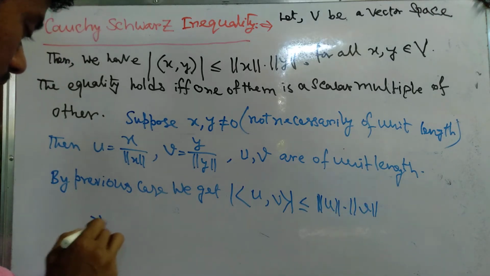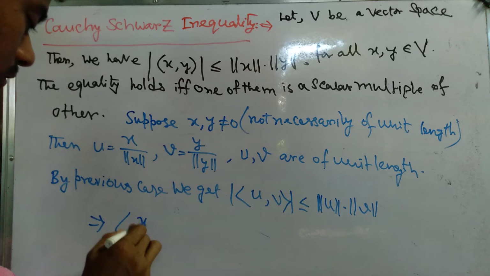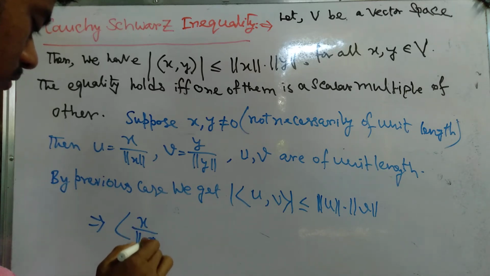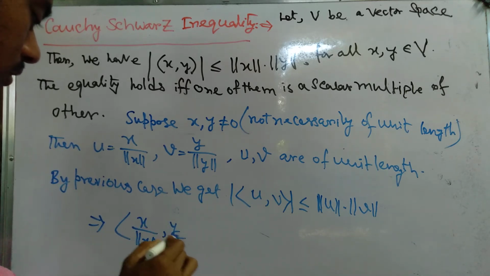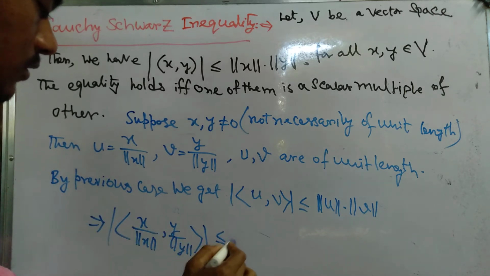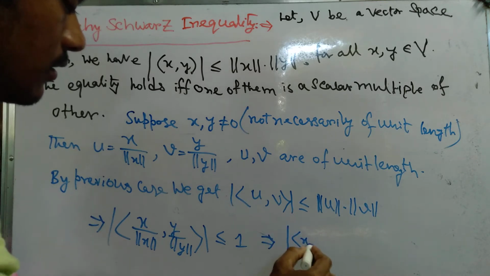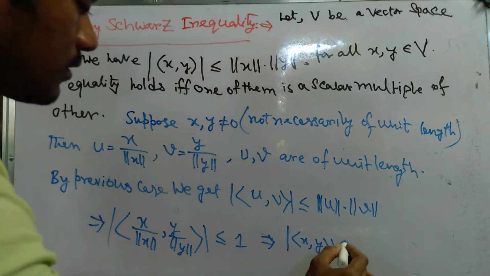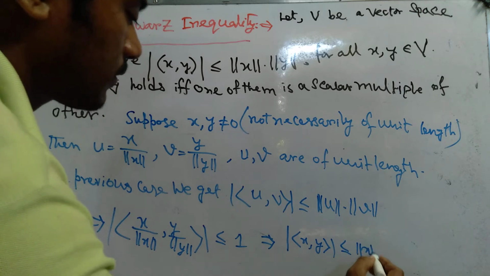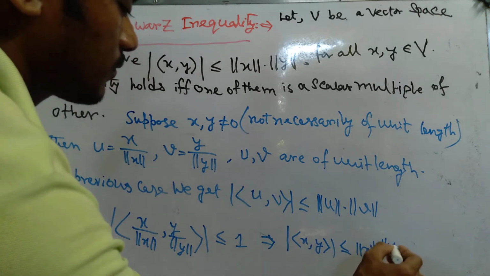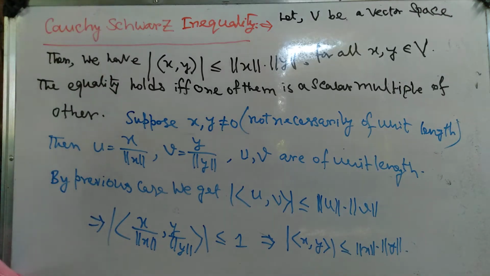This implies that the modulus of the inner product of x over norm x and y over norm y is less than or equal to 1. This implies that the inner product of x and y is less than or equal to norm of x times norm of y. I think everyone understands this.